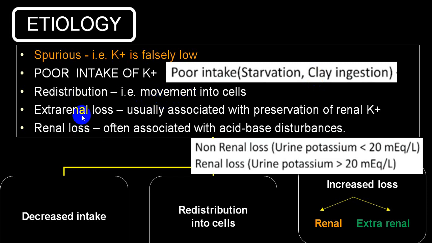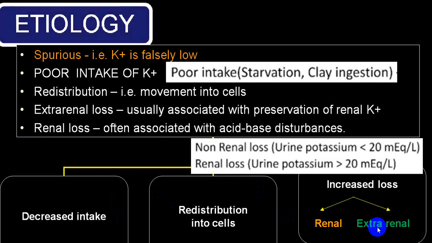Extrarenal losses are usually associated with preservation of renal potassium, and renal losses are often associated with acid-base disturbances, particularly metabolic alkalosis. So decreased intake, redistribution, renal loss and extrarenal loss will be the common causes.